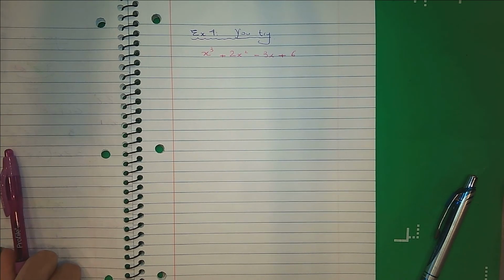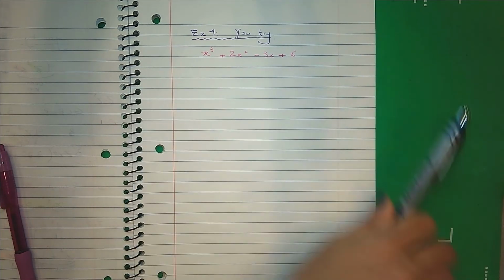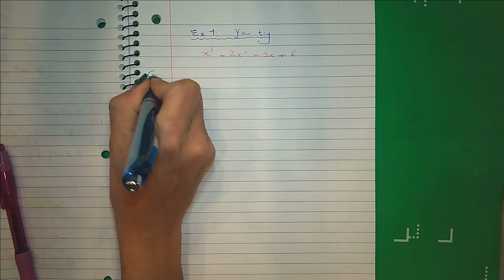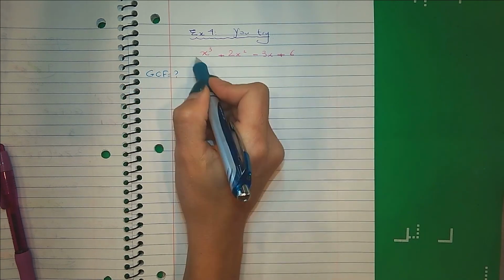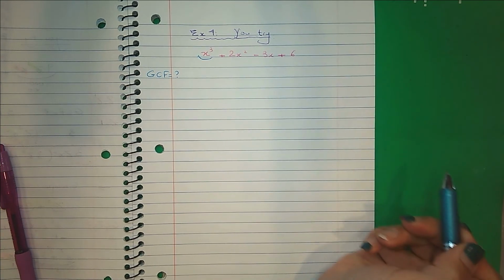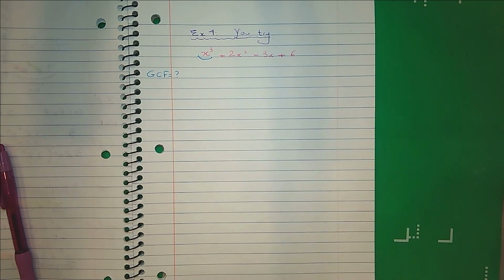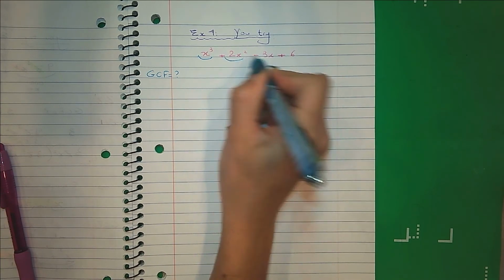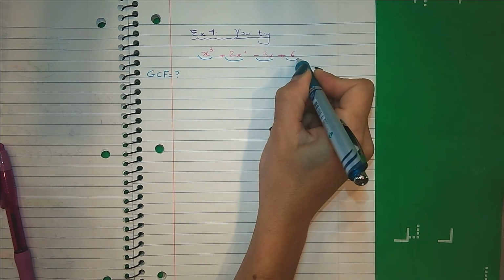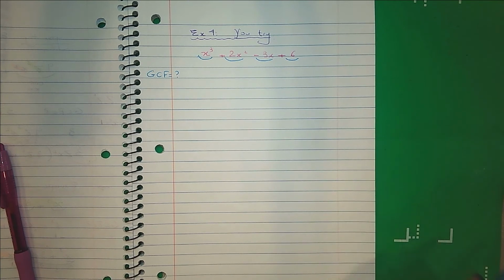So again, we ask ourselves the question, do we have a greatest common factor among all of the terms? How many terms do I have here? I have 1, 2, 3, and 4 terms.